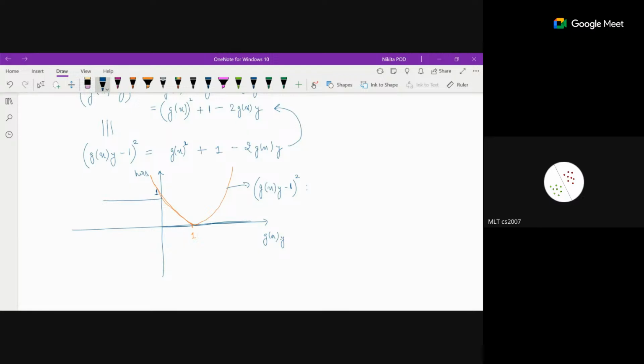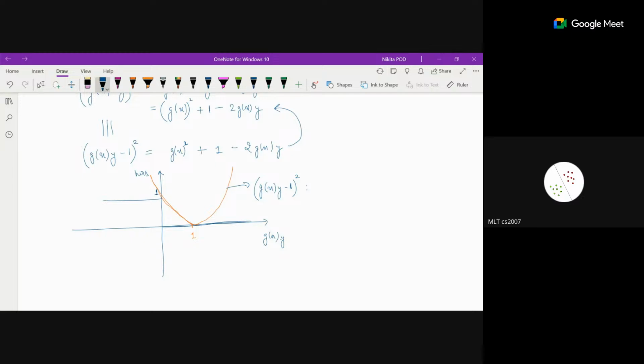For this 0-1 loss, we have now approximated it using this regression loss. Since this is a convex function, you can see that this squared loss is a convex function.